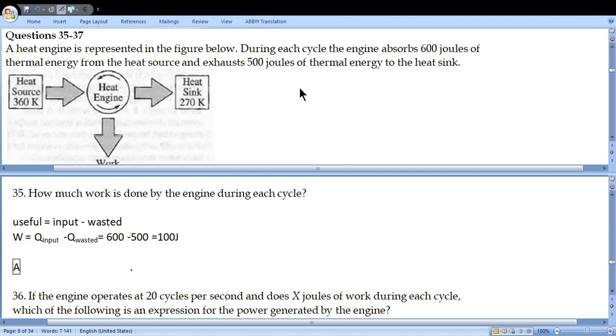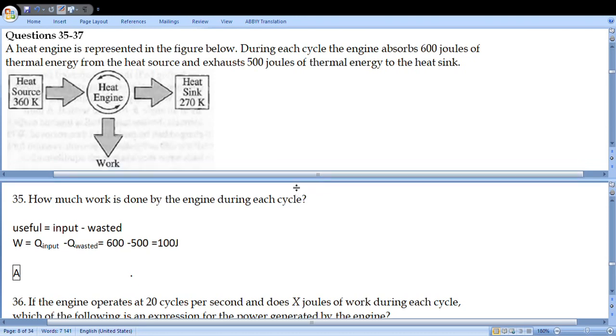A heat engine is represented in the figure below. During each cycle, the engine absorbs 600 joules of thermal energy from the heat source, and exhausts 500 joules of thermal energy to the heat sink. So we have here a hot object that gives heat and a cold object that takes the heat.